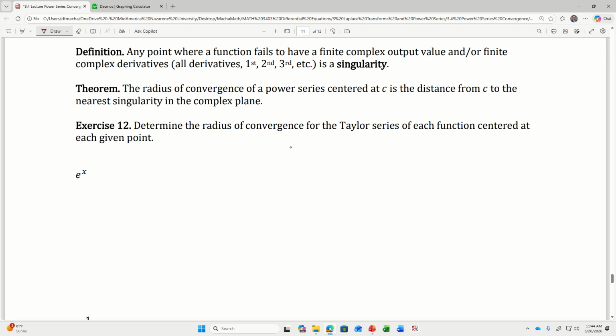If that ever fails, that point is called a singularity. The radius of convergence for your power series is actually just the distance from the center of your power series to the nearest singularity.